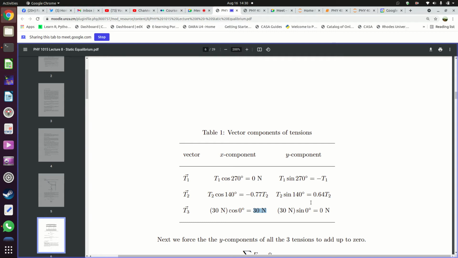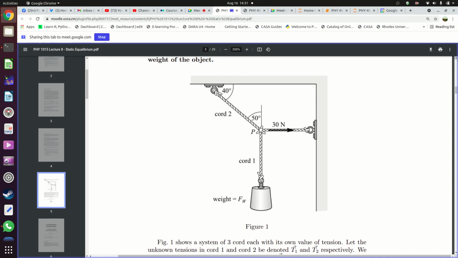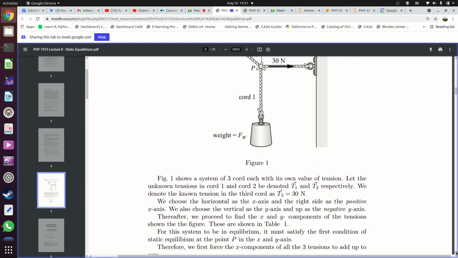Is that clear? These are the forces acting on the point we are interested in, making sure that this point doesn't move, acting on this point P. These are the forces acting on the point P and their components. In this particular setup, this point P remains motionless because it's in equilibrium. So we enforce the first condition of equilibrium.